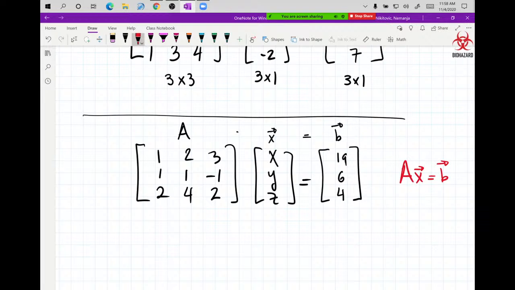You can have a system with 100 variables and 100 equations, and it will still be simplified the same way.